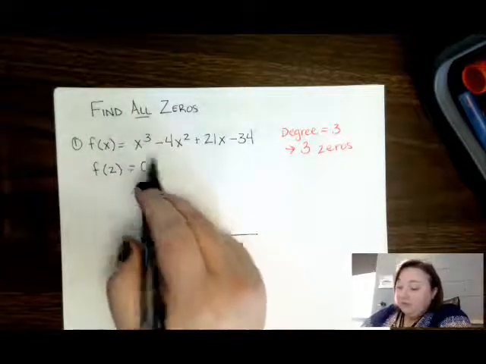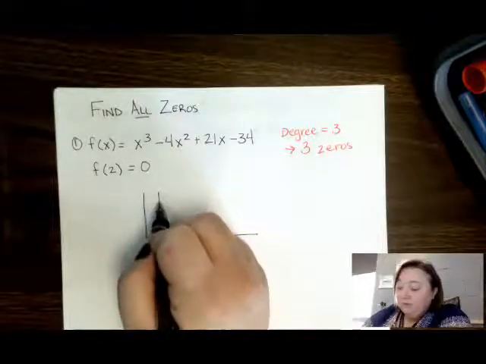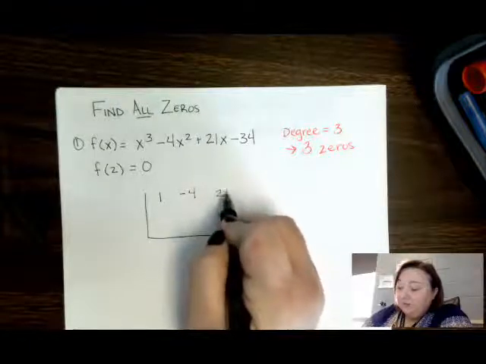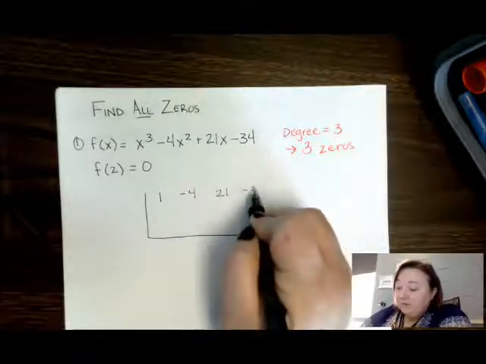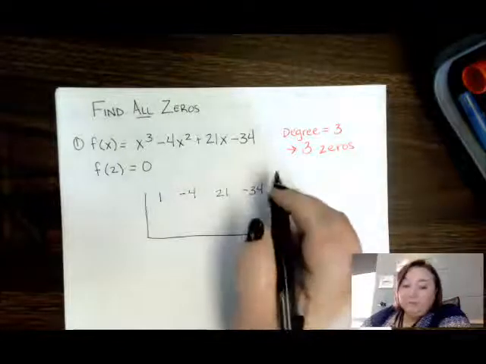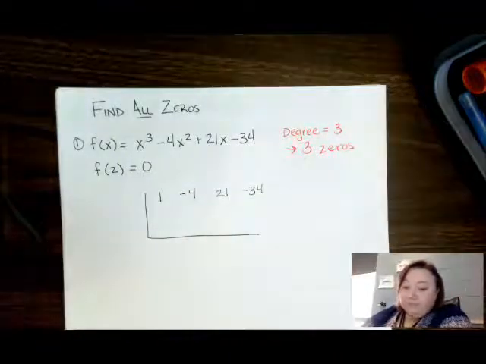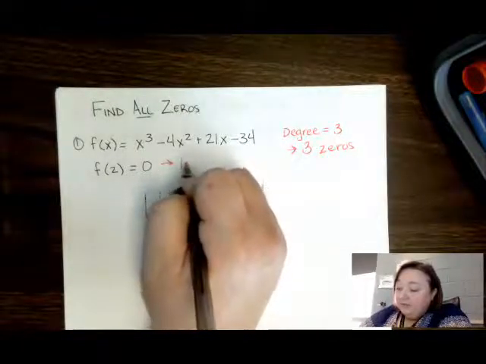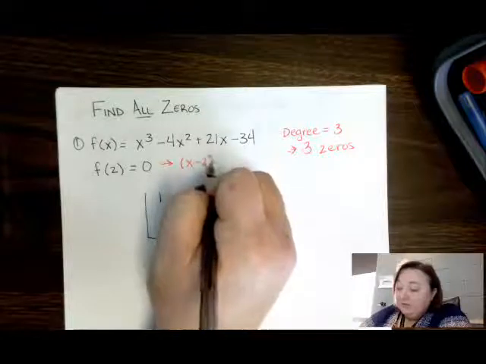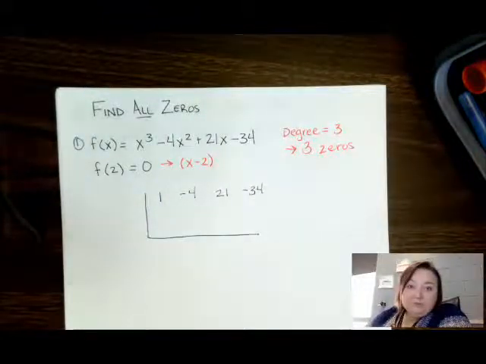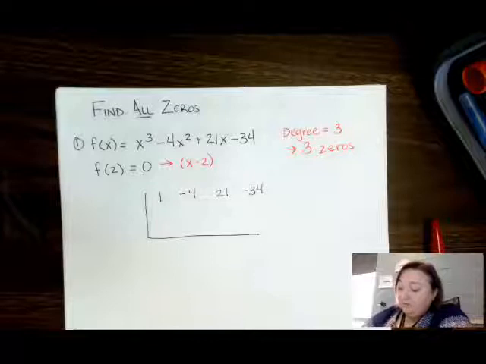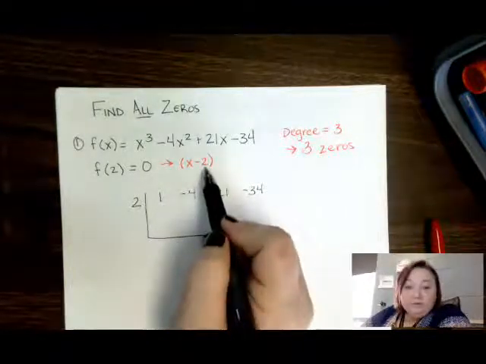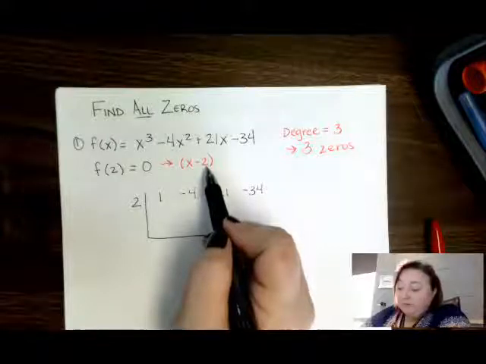The coefficient of x cubed is 1, of x squared is -4, of x is 21, and our constant is -34. Now f of 2 equals 0. What this implies is that x minus 2 is one of our factors. So when we're going through the synthetic division, this will be 2. That's our r value that we've been talking about.